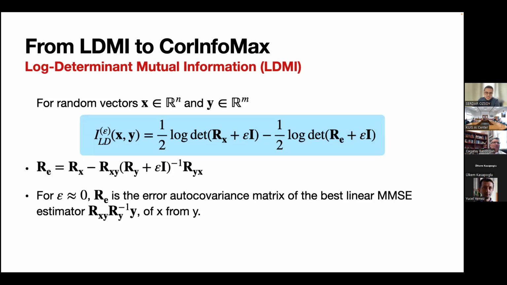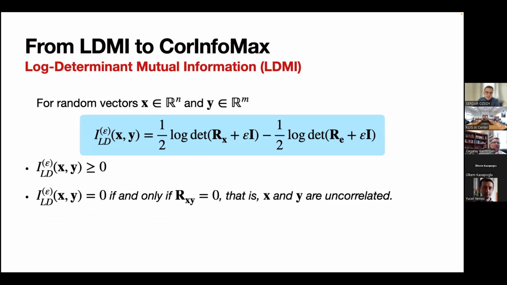The first is obtained from Rx, the covariance matrix of X. The second involves Re, the covariance matrix of the error, which is essentially the error covariance of the best linear MMSE estimate of X given Y. The following lemma asserts that this LDMI is an information measure reflecting the correlation or linear dependence between two vectors.